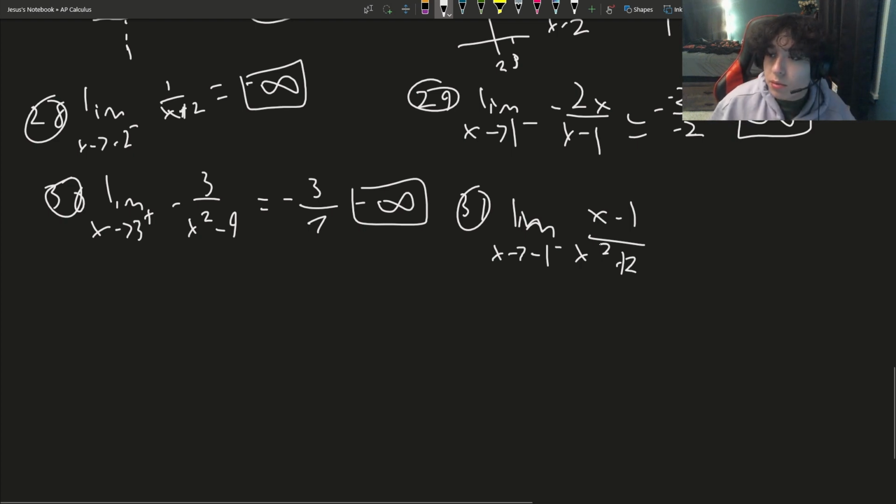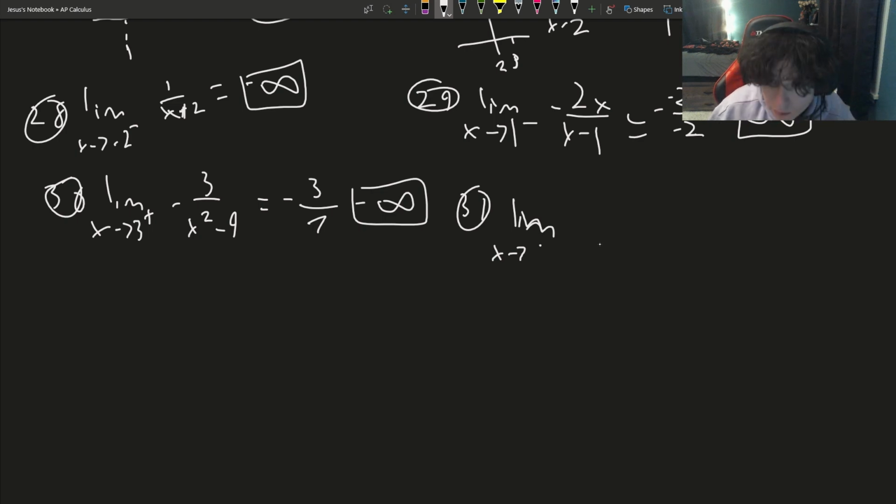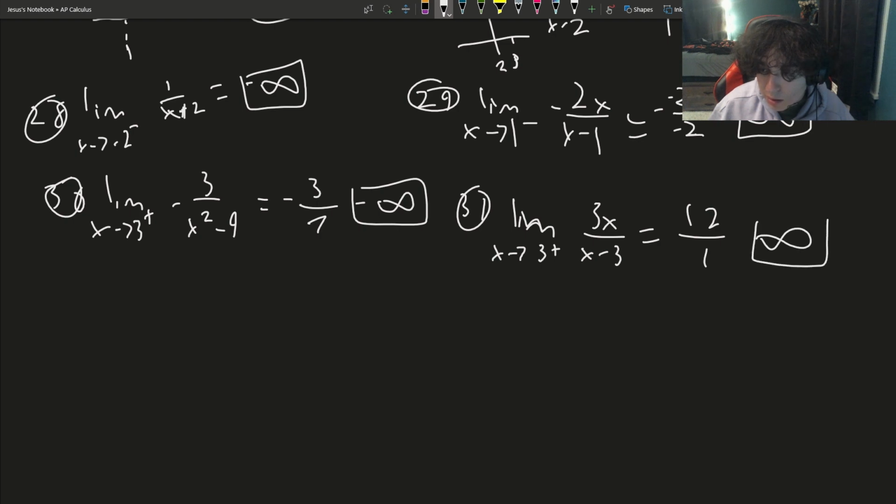I'm doing the complete wrong one. 31 is 3 from the right again. 3x over x minus 3 from the right, so you pick a bigger number, which would be 4. So you put 12 over 4 minus 3 is 1, and since it's a positive number, that means it's reaching positive infinity.